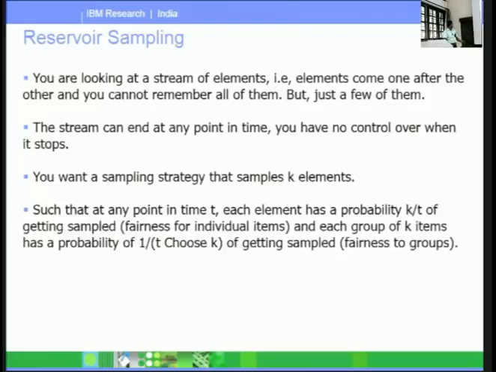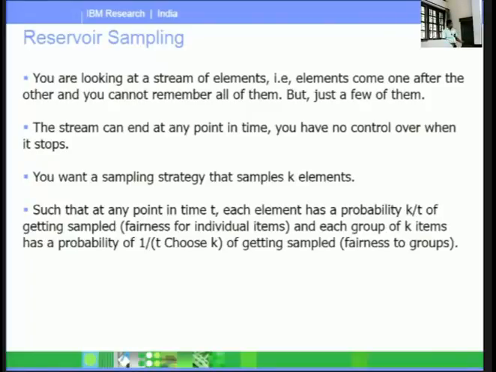At any point in time t, when you have seen t elements, each element should have a probability of k over t of getting sampled. Why do you want this property? You want everybody to have a fair chance of being in the sample.